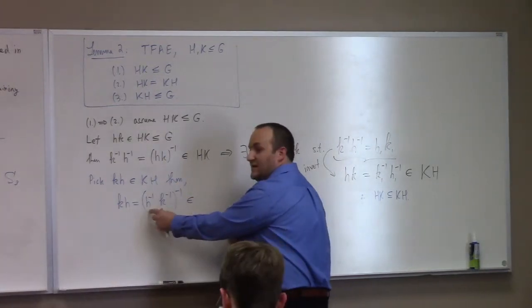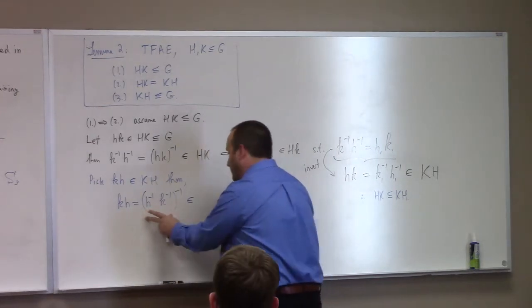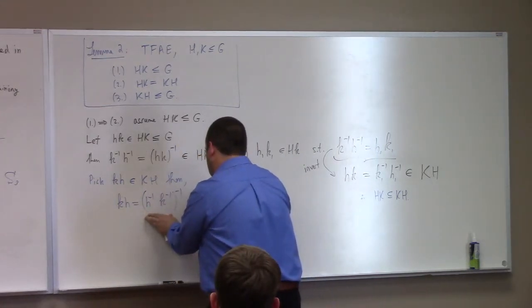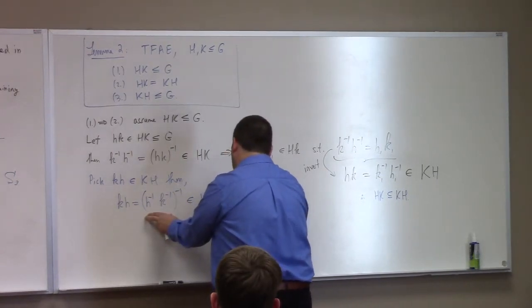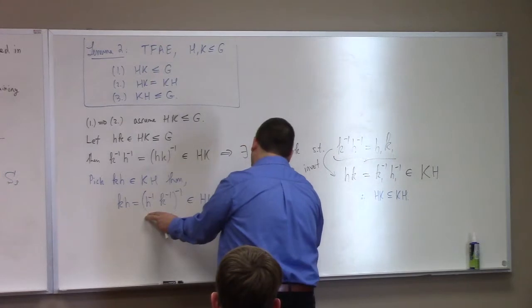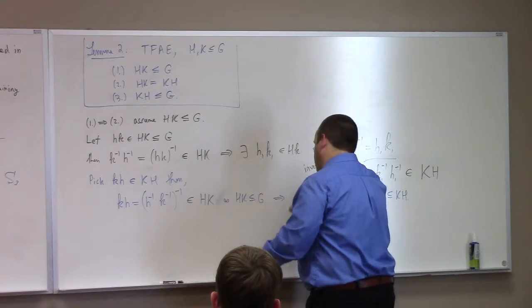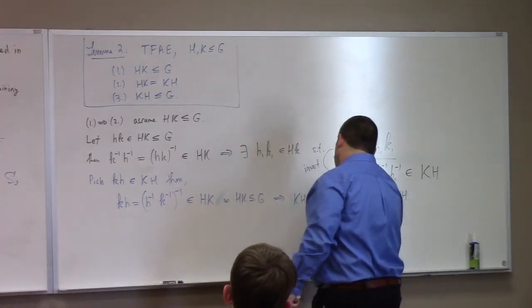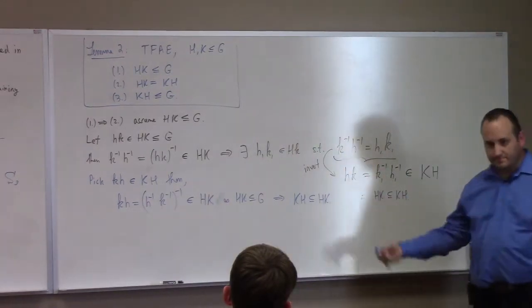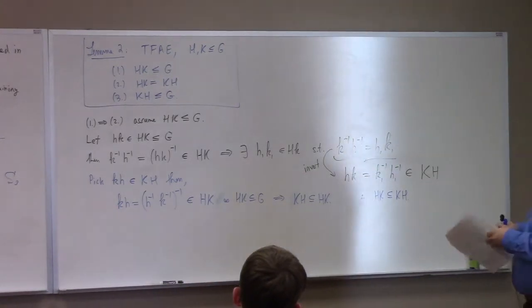This is an element in HK inverted. So by the fact that HK is given to be a subgroup, this is an element of HK. Right? So that implies that KH is a subset of HK, which shows you that they're equal. Or we could just get it by relabeling our first result.